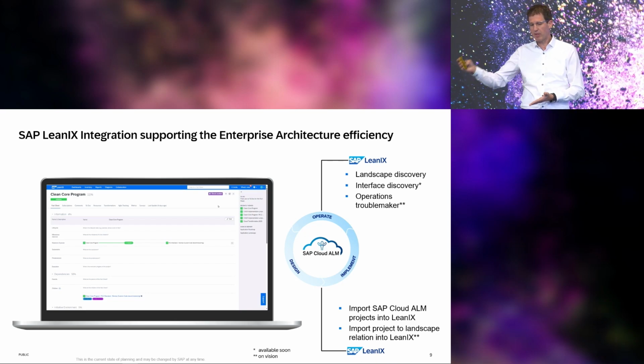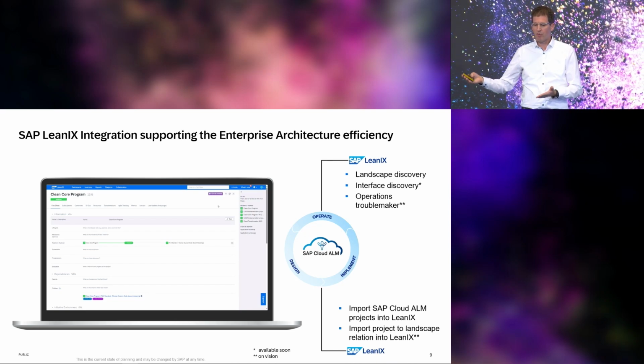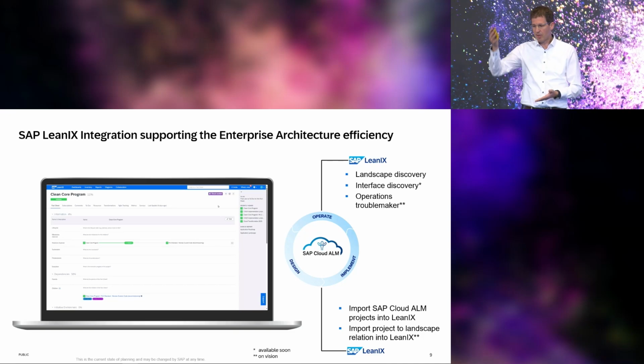When you get this linkage, we provide in LeanIX all the time boxes that we have in our project and also the current status of the project, which is always updated on the LeanIX side, so that you have real transparency over your transformation project.